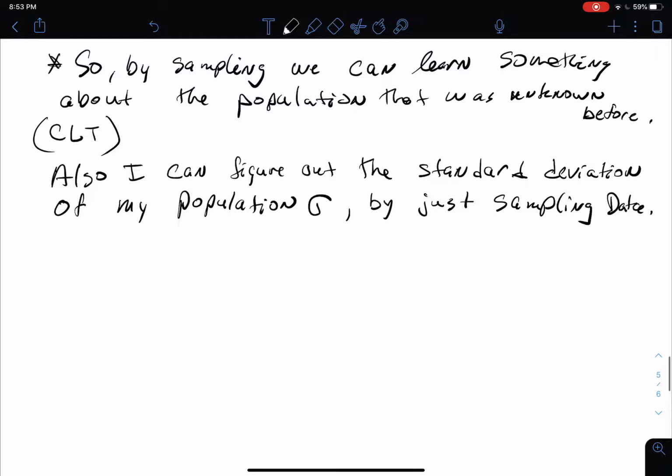Once again, we've got the standard deviation of the sample means equals the population standard deviation divided by the square root of the sample size. So with algebra, because these are all variables, if we have two of the three, we could always isolate the third, right?